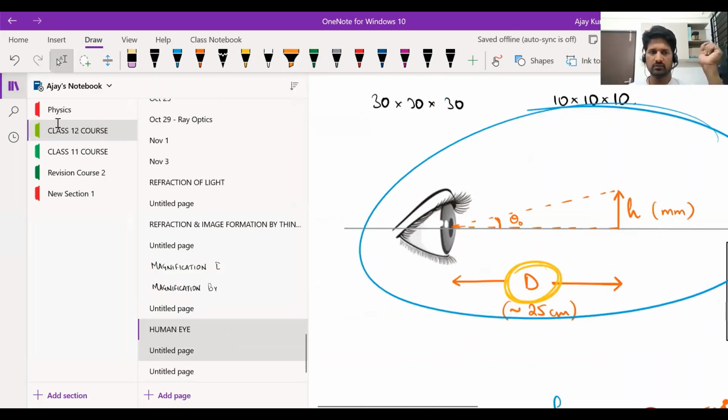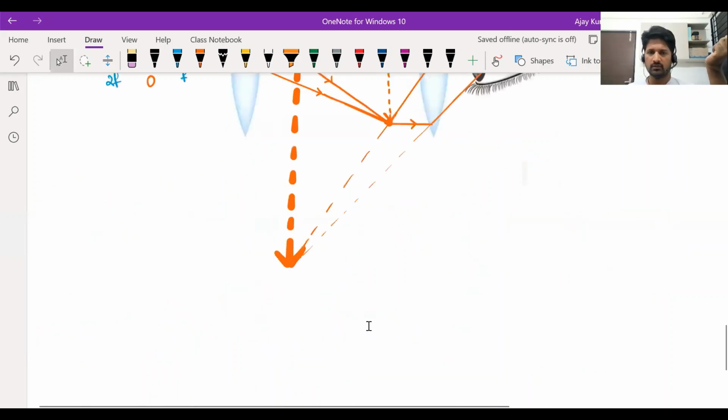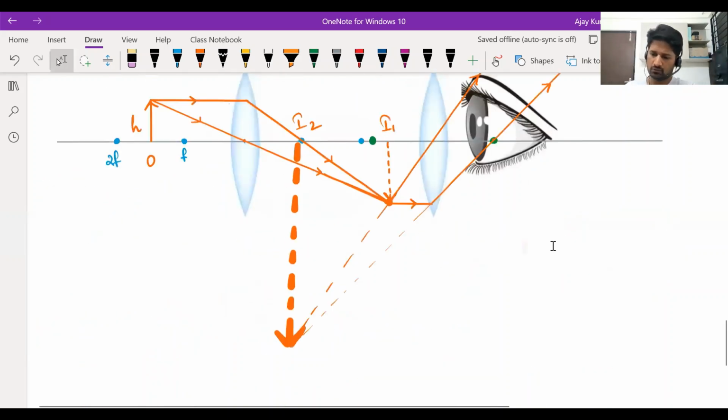When we see it through the instrument, which is a compound microscope now, see the angle that it finally subtends on your eye. This is what we are looking for. Let's derive an expression for theta now. You see there is a small triangle here.